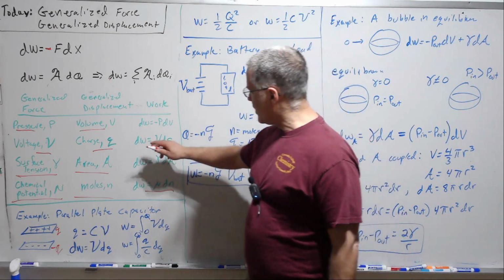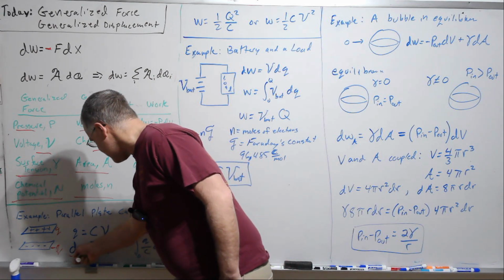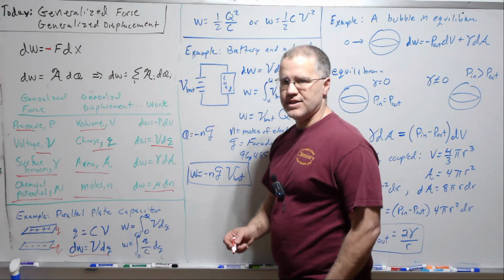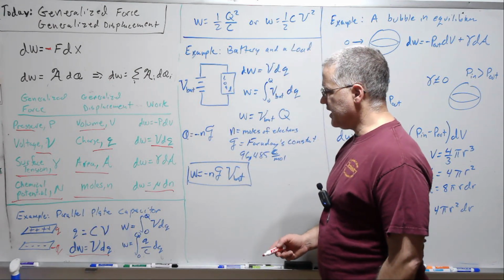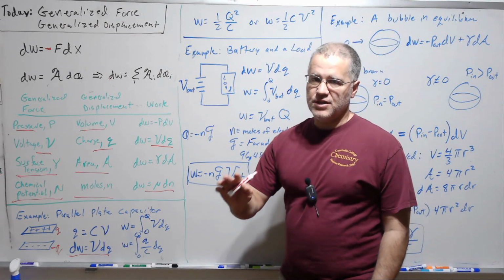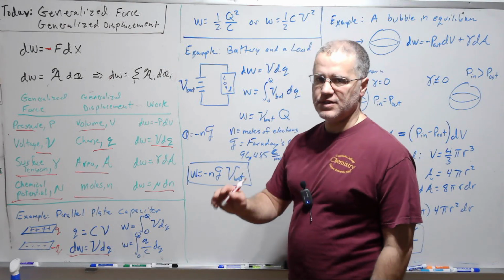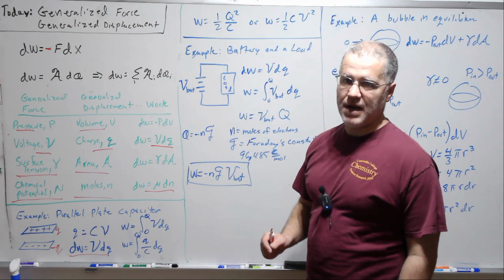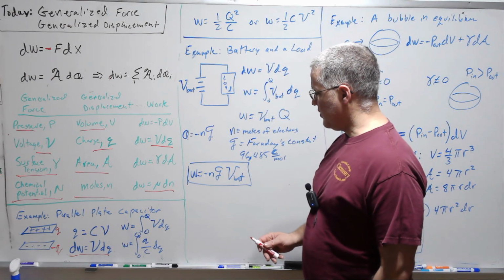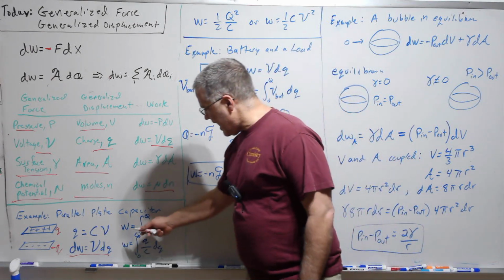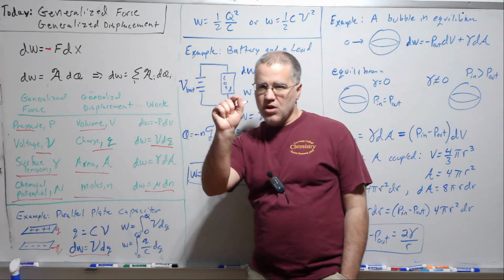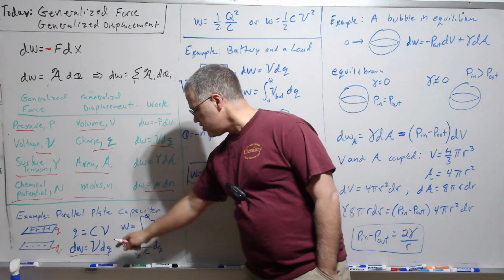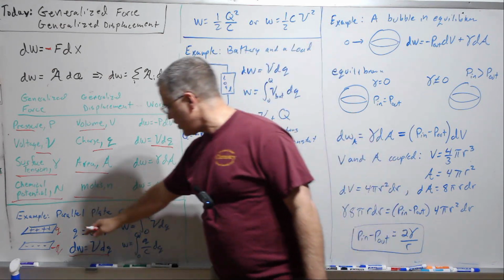And then we'll go to our chart here. What's our generalized force, generalized displacement? Work is voltage times dq. Now, we'll do just a little bit of calculus here. So you can follow that if you've had some calculus. Otherwise, just pop out the other side with us when we're through with that. So we have to build up this really small change with a small change in charge up to this full charge.